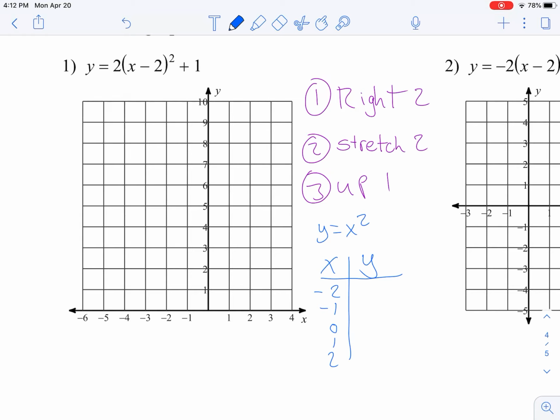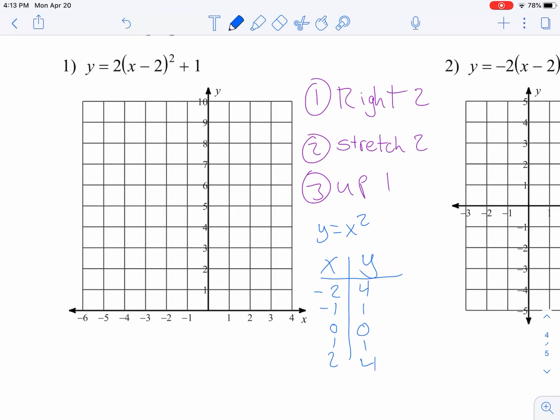Those are our 5 favorite numbers. Essentially what we're saying is for our parent function, if x was -2, what would we get for y? Well, -2 squared is +4, -2 times -2. -1 squared is +1, 0 squared is 0, 1 squared is 1, and 2 squared is 4.